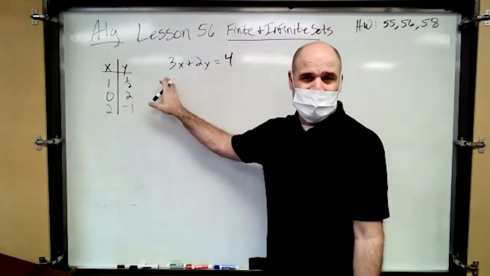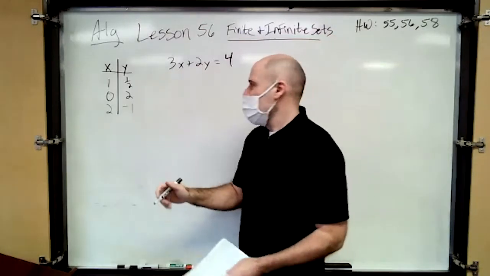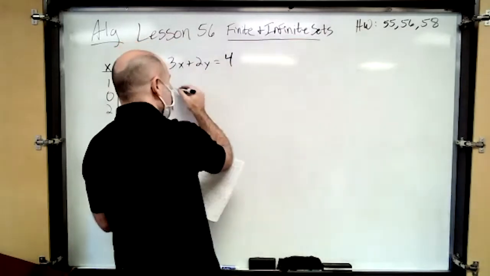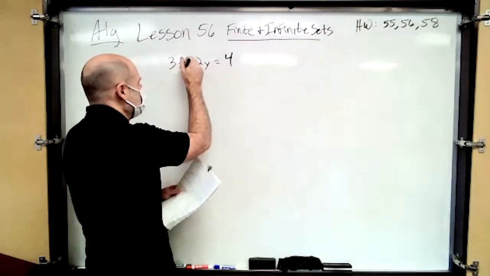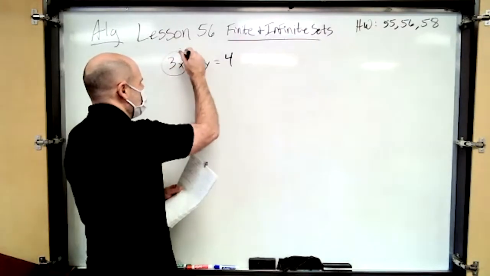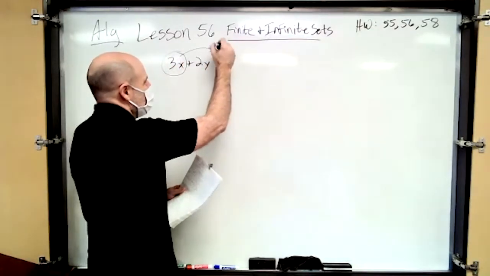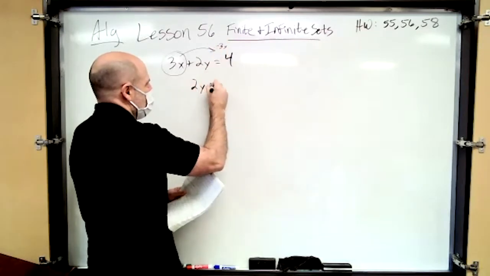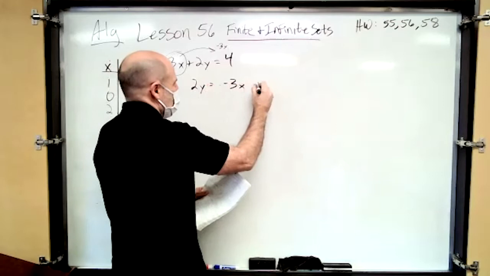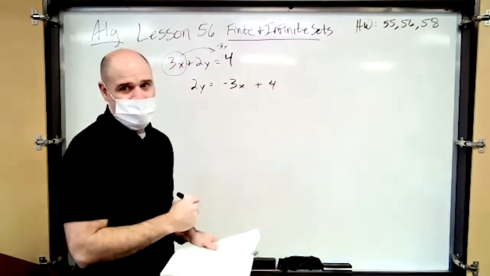How do you get rid of that whole term? We subtract it, right? Well, the shortcut to subtracting is to just put this over there. So when you do that, it becomes a negative 3x. So we get 2y equals negative 3x plus the 4 that's already over there.